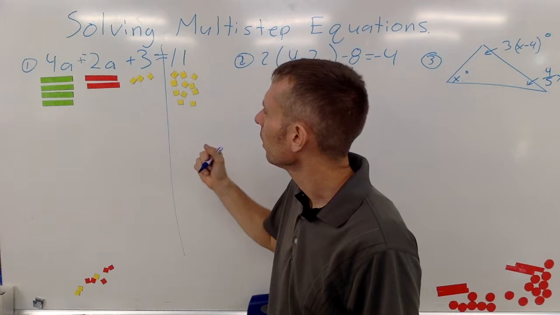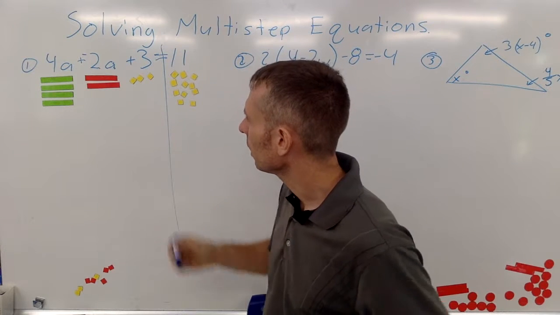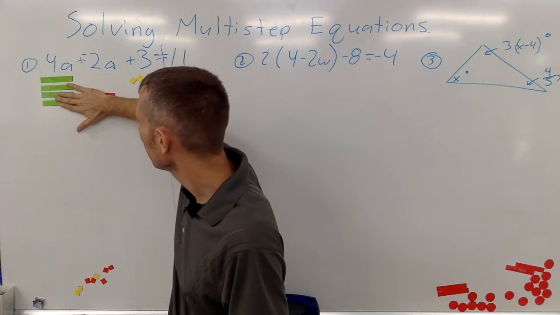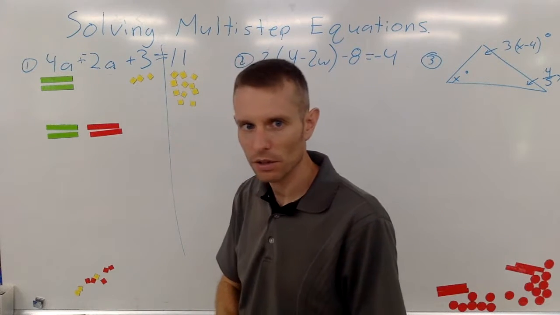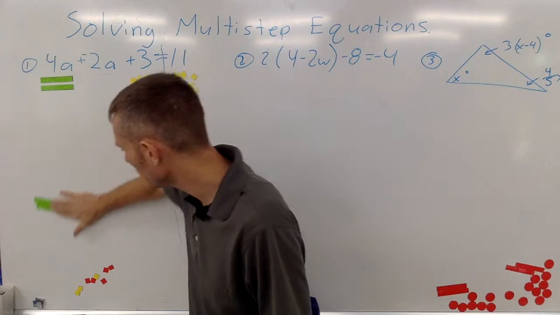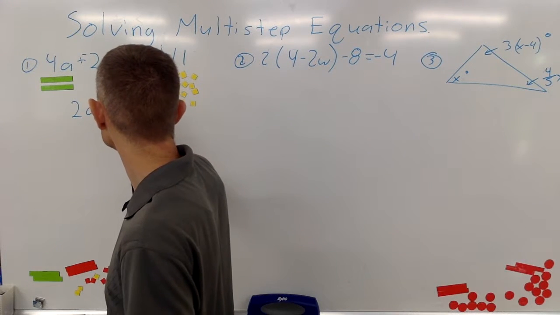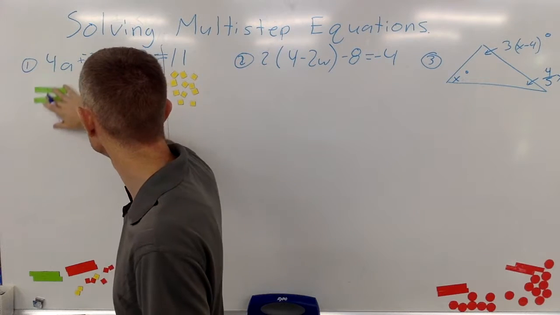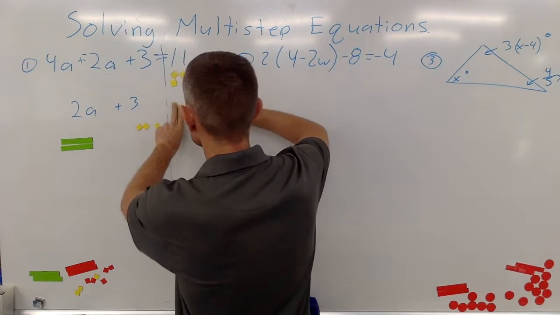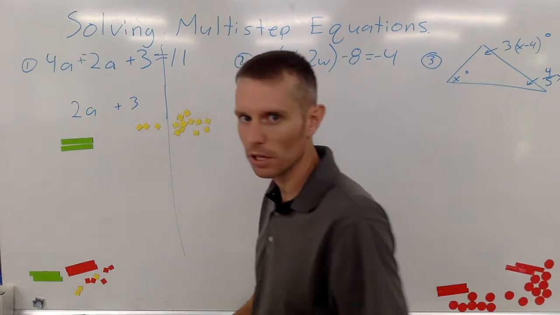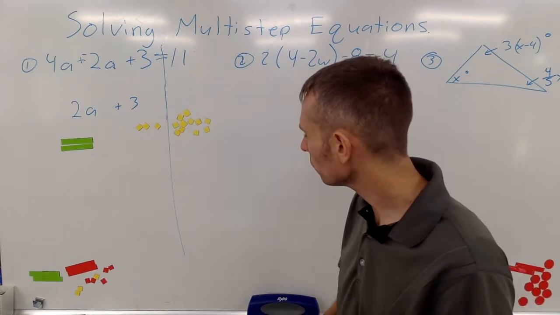So that's what I'm going to do. My 4a and my negative 2a, 4a minus 2a is just 2a. And you can see how those zero pairs cancel. I'm left with 2a plus 3, I'll just bring that down. And then here's my 11 again. Notice I've only been working on the left side of the equation right now.